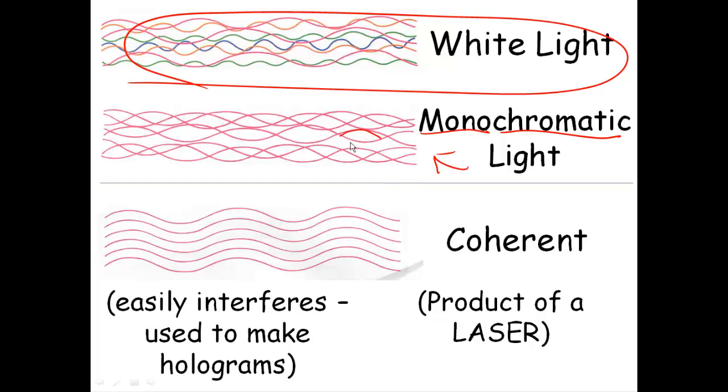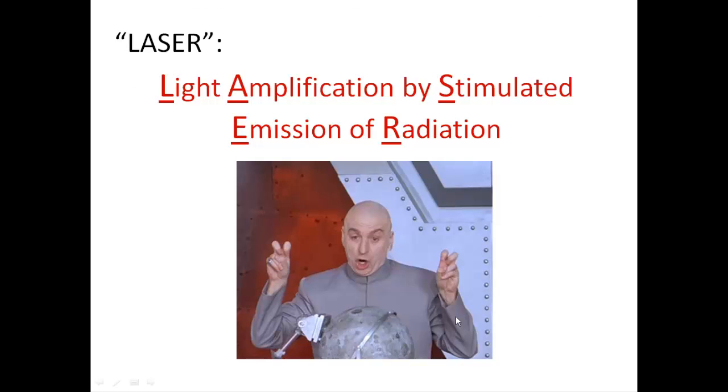What if we could cause all the crests to line up and all the troughs to line up? We would say that this is coherent light. All those crests would, of course, interfere with each other, all the troughs would interfere with each other constructively, and we would get a very bright spot. And that's what a laser is, which is, of course, light amplification by stimulated emission of radiation, laser.